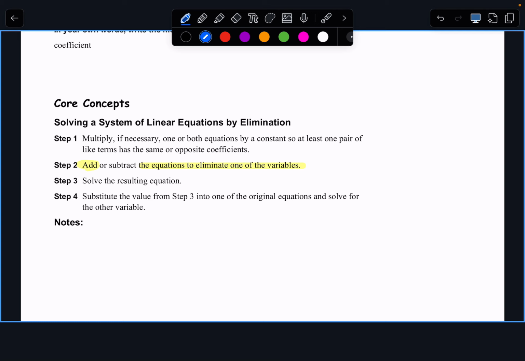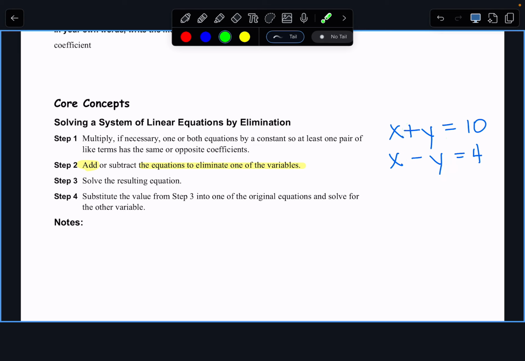What do you mean by that, Miss Homan? Let me show you. If I have x plus y equals 10 and x minus y equals 4, do I have a variable whose coefficients are opposite? Which one? Our y's are opposite.